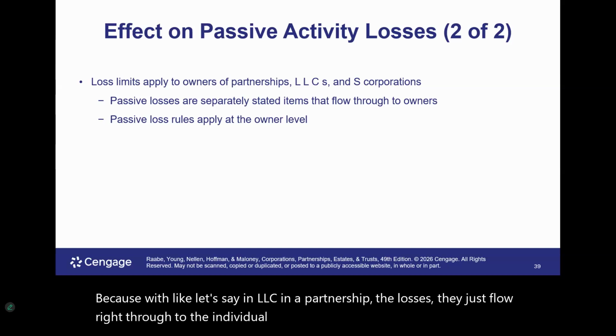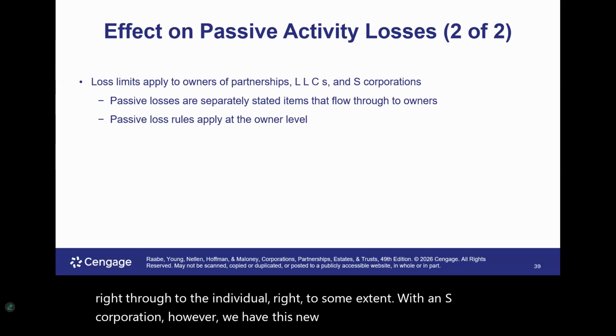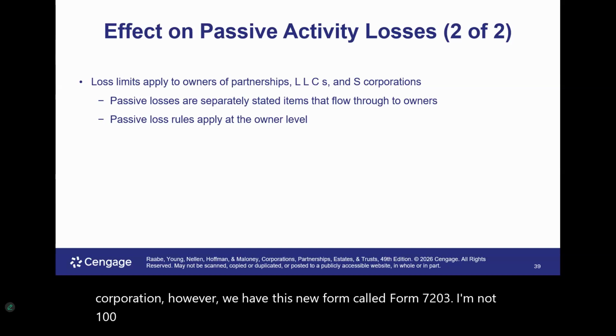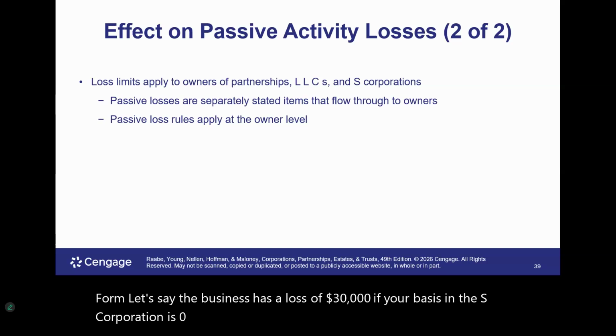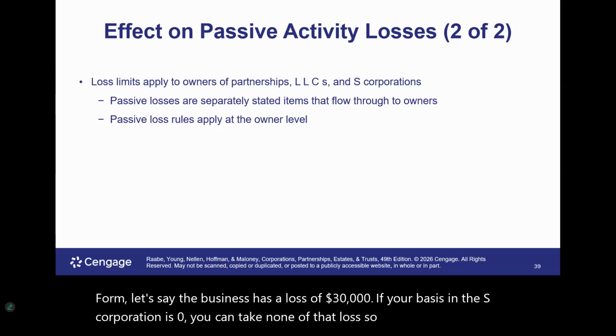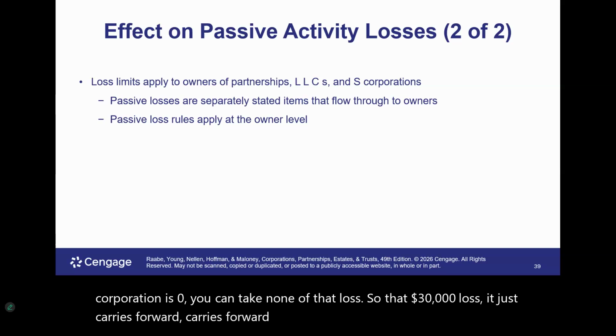With an S corporation, however, we have this new form called Form 7203. I'm not 100% sure when the form came out, but with the form, let's say the business has a loss of $30,000. If your basis in the S corporation is zero, you can take none of that loss. So that $30,000 loss just carries forward, carries forward, carries forward until you have income.